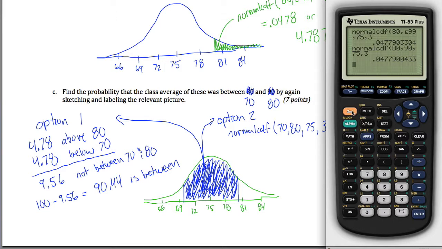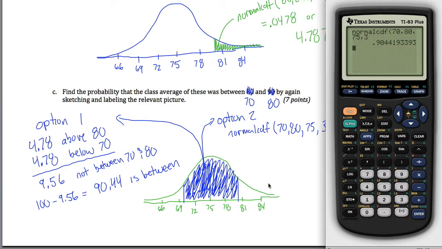So if I do that over here, I'm going to clear this out. I'm going to go into the distributions menu, so I hit second and then variables to get into distributions. The second thing is normal CDF, and I want to know the probability that we're between 70 and 80 if the mean is 75 and the standard deviation is 3.